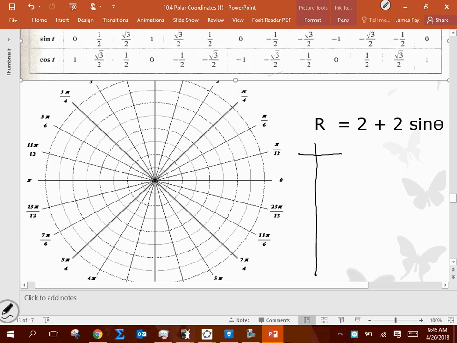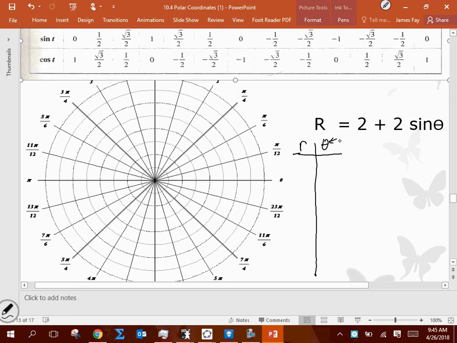But the one strategy that you have used before, and it's kind of the first strategy we always use with a new family of graphs, is we develop a t-chart, right? And we just start plugging in independent variables and then seeing what the dependent variable turns out to be. Now, when we were dealing with functions, the independent variable was the x's.